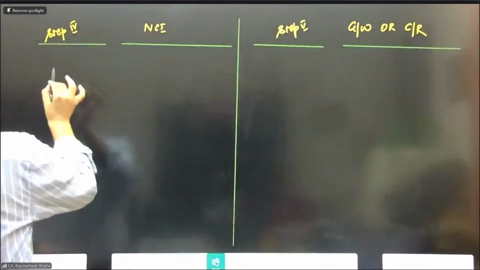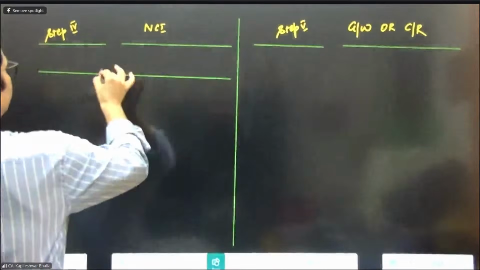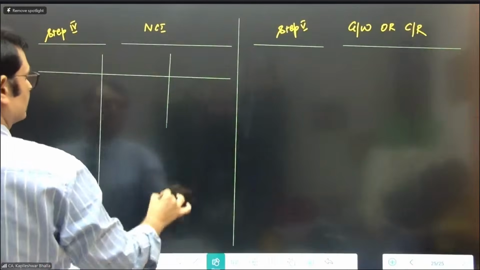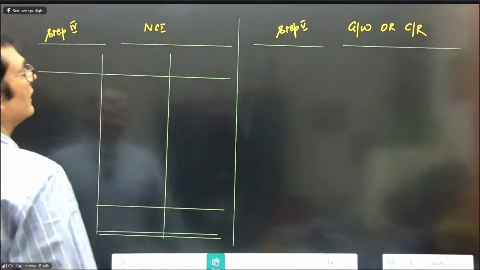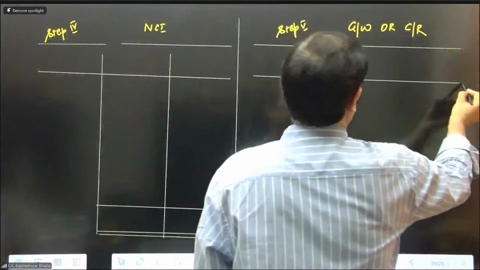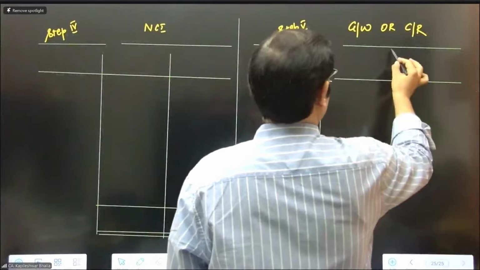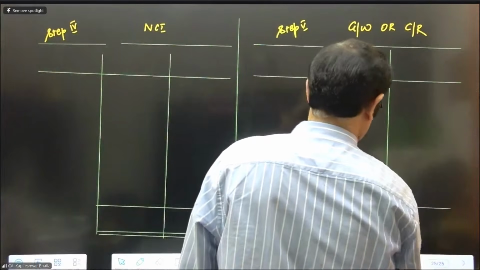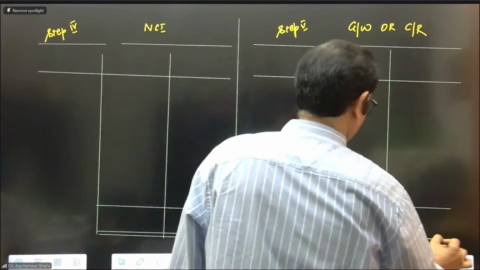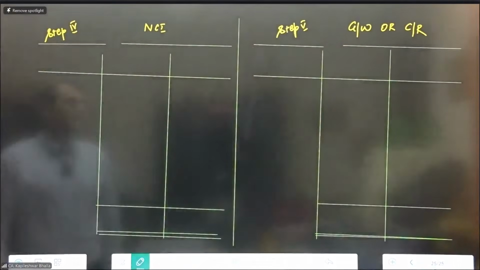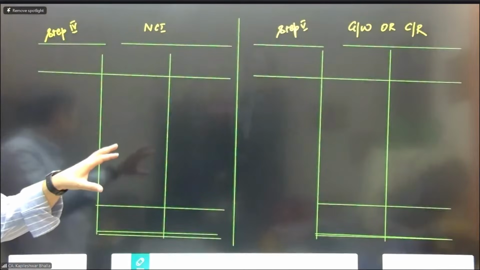So we need the NCI for the two companies. We'll organize this separately. And we also need the goodwill for the two companies. We'll first just put the information and then fill up the data.